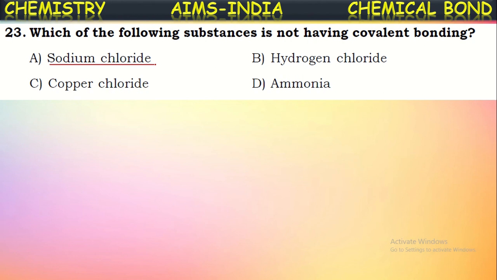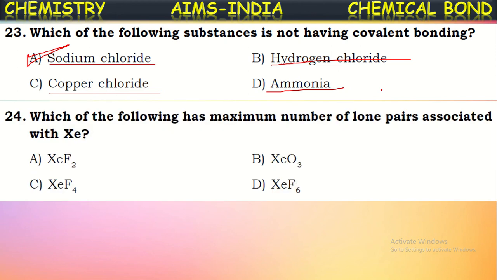Thus, the bond formed between these two will be an ionic bond, because here sodium loses an electron, at the same time chlorine gains that electron. So the bond is formed by the transfer of electrons. Thus, it is said to be an ionic bond, not a covalent bond. If you see hydrogen chloride, copper chloride, ammonia, in these all bonds are formed because of the sharing of electrons between them. So they are covalent bonds except sodium chloride, which has an ionic bond.